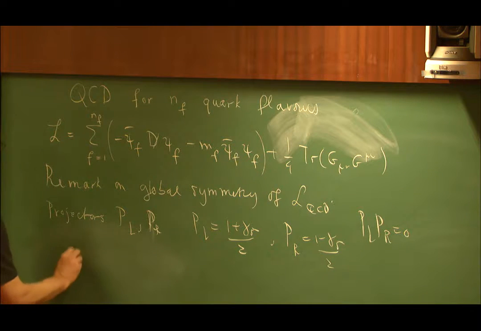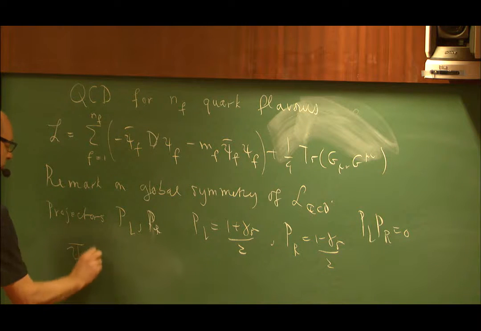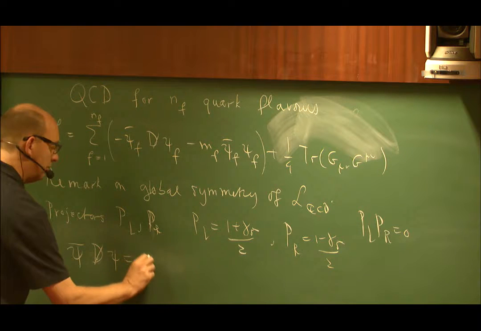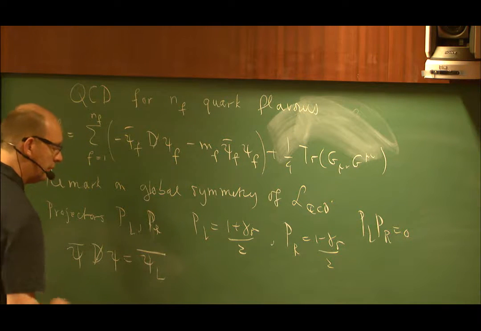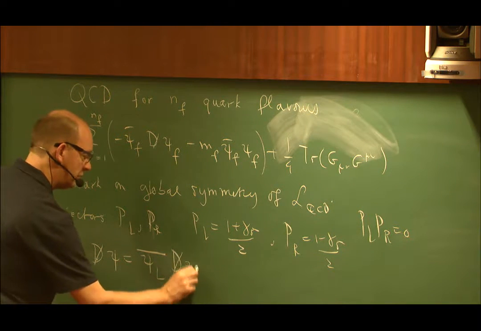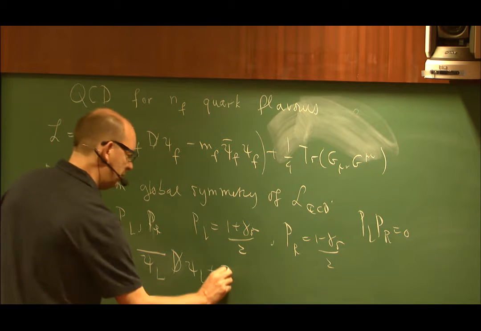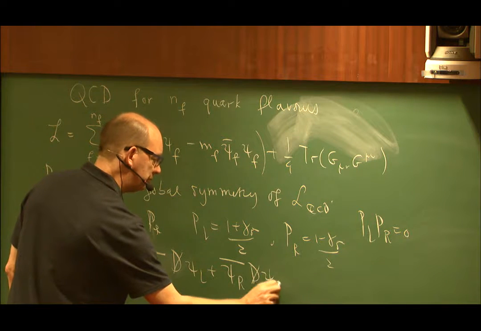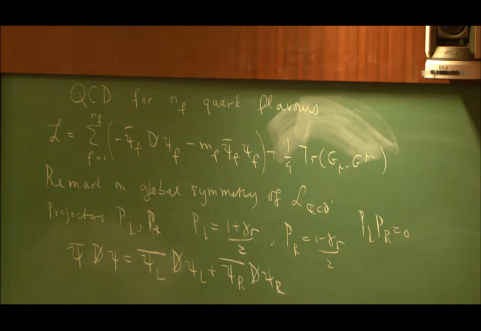So then I can write any combination like this as psi L bar d slash psi L plus psi R bar d slash psi R. When I stick in here PL plus PR, and I stick in here PL plus PR, which is 1 in both cases, it turns out the cross terms vanish.